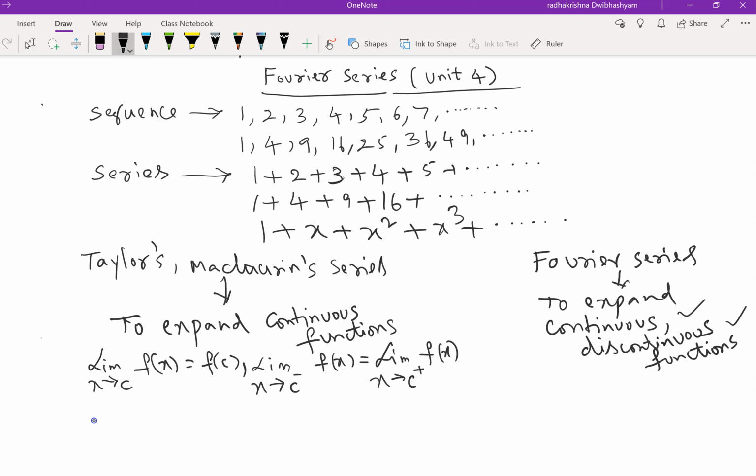Graphically, if the curve is continuous, that is called a continuous function.